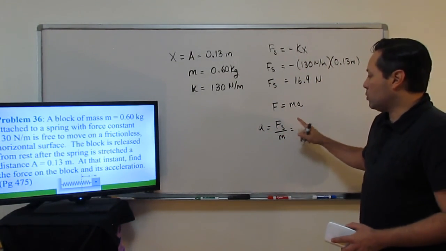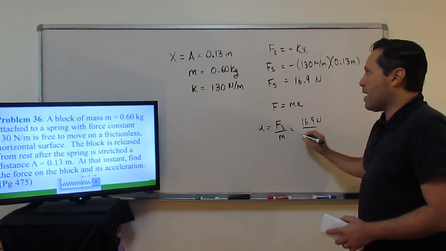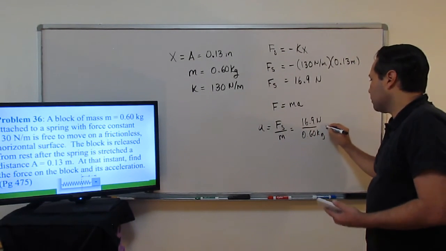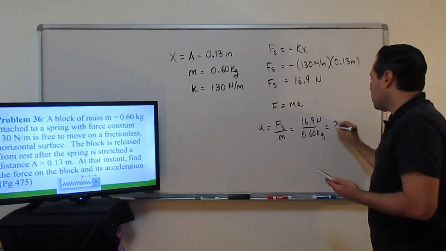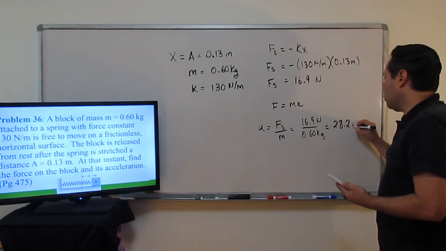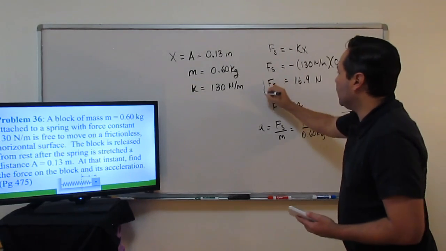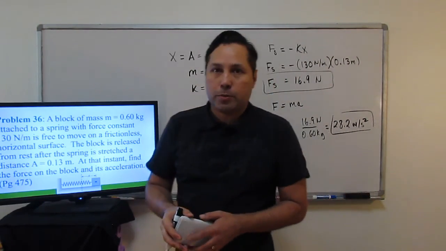The acceleration will be 16.9 newtons over the mass, which is 0.6 kilograms. So dividing by 0.6 gives us an acceleration of 28.2 meters per second squared. That is the answer for parts A and B, the force and acceleration for this block after it's been stretched.